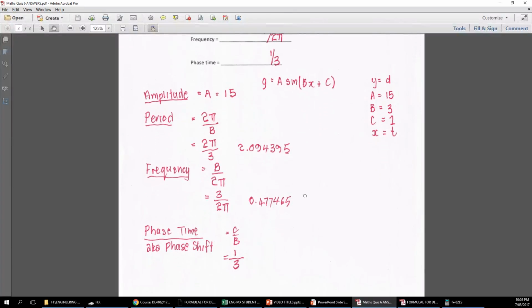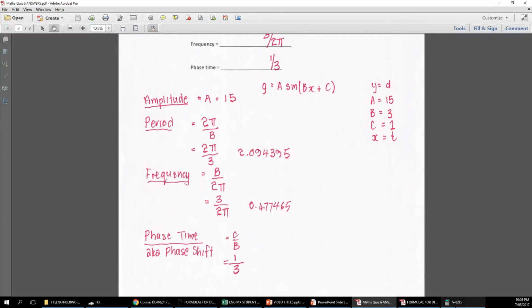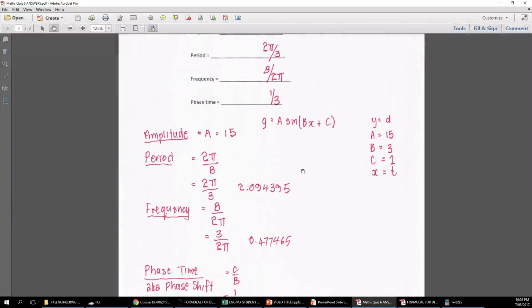All good. Now the phase time, also known as the phase shift, is equal to c over b. In this case, c is 1, b is 3, 1 over 3. As an extra bonus for you, 1 divided by 3 equals 1/3, 0.333333333. Alright, so that's it.